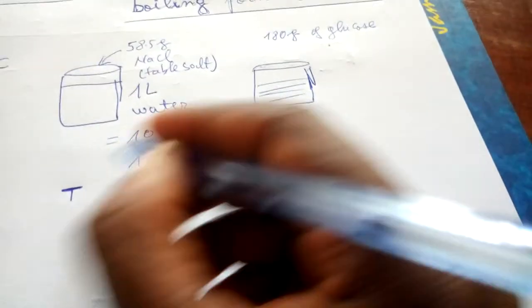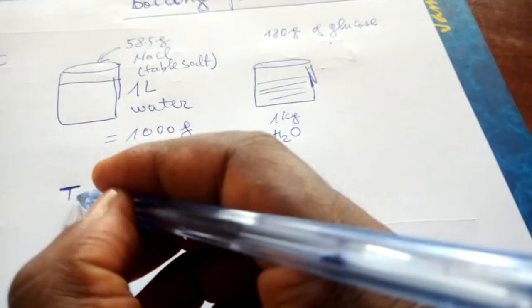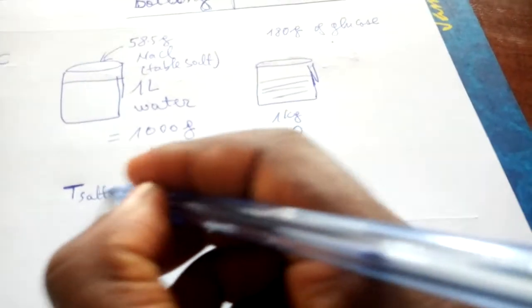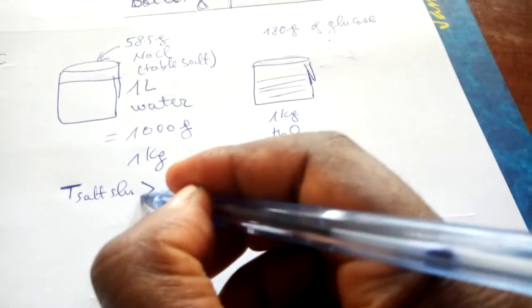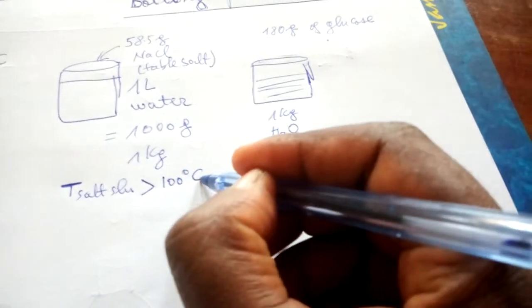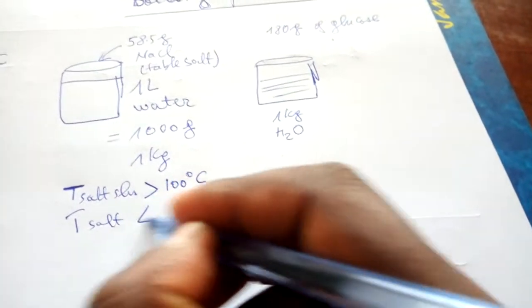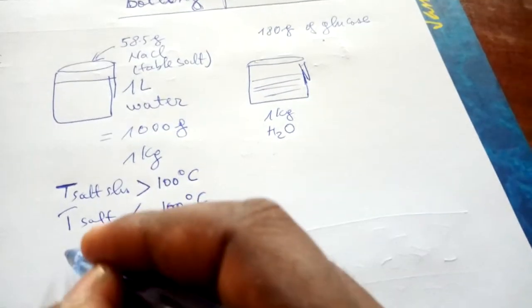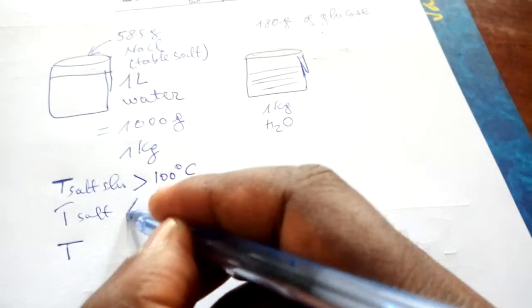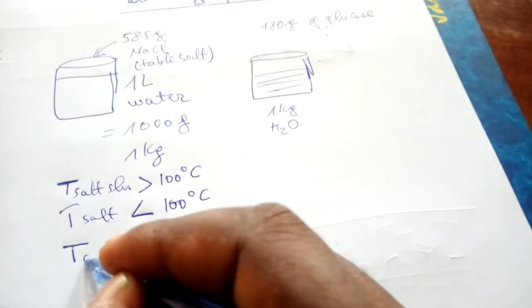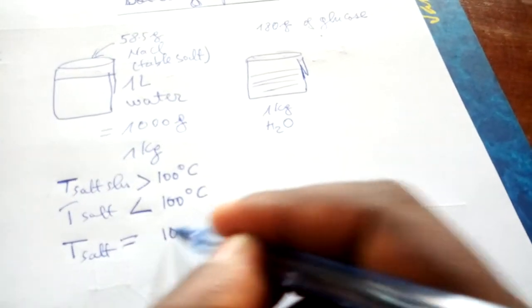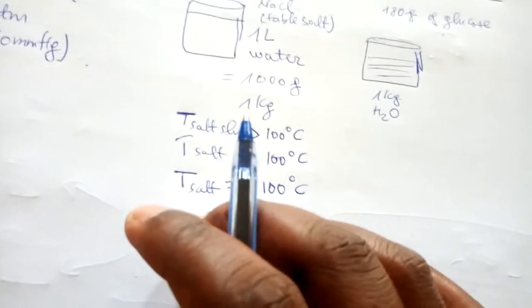After heating, we can know whether the temperature here, after adding salt, for example the salt solution, is greater than 100 degrees, or smaller than 100 Celsius degrees, or equal to 100 Celsius degrees.